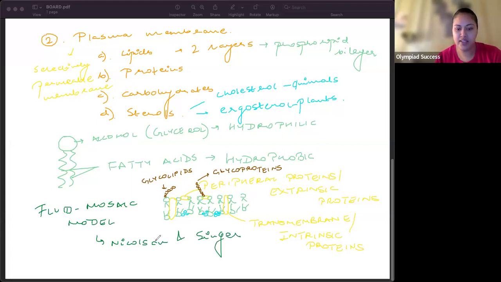These are the two scientists. So why a fluid mosaic model? Because the fats or the fatty acids are fluid in nature. They are slightly flexible, and these substances, glycoproteins, glycolipids, proteins, cholesterol, they're all embedded in the layer. Hence, it's a fluid mosaic model.